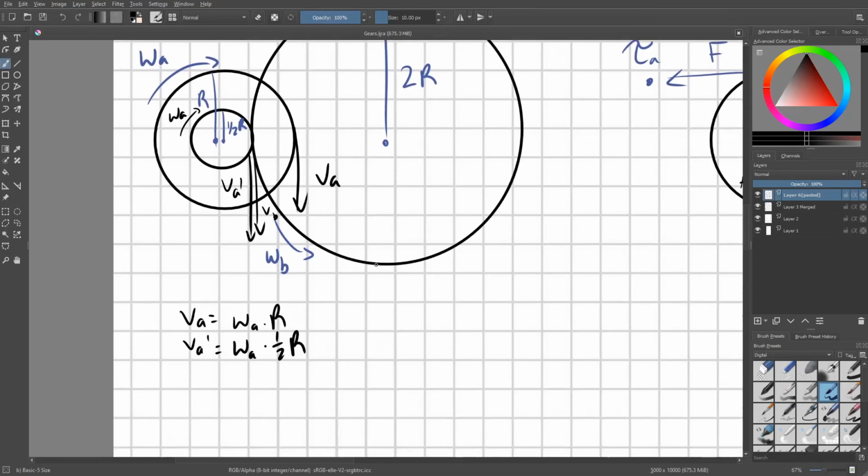So now, at this point of contact, the VB that we're going to be using is the VA prime, right, because they're locked together. So now the linear speeds are locked.